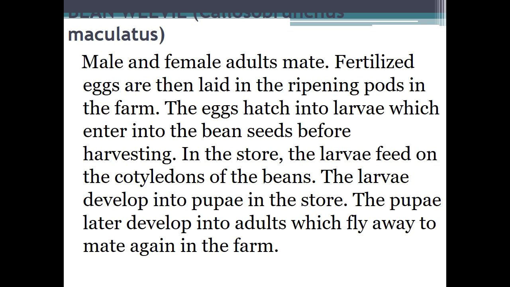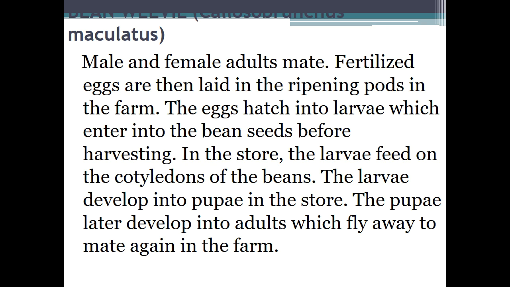Then in the store, this larvae will feed on the cotyledons, that's the seed leaf of these beans. And then it's going to molt and develop into what we call the pupae in the store. Then the pupae later develop and turn into an adult. It is this adult that will now fly and go back to the field or to the farm to get the opposite sex for mating, and the life cycle continues.